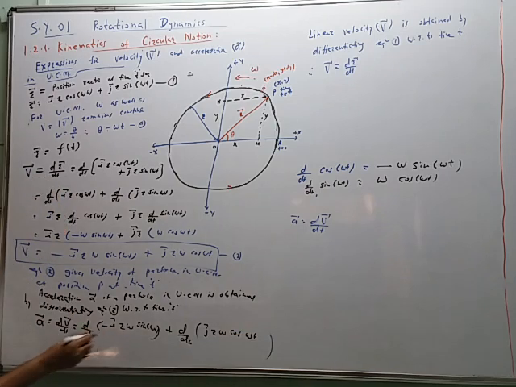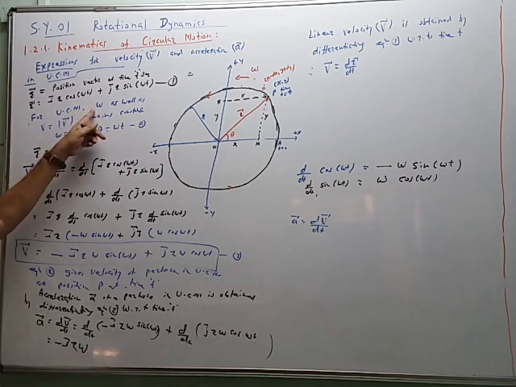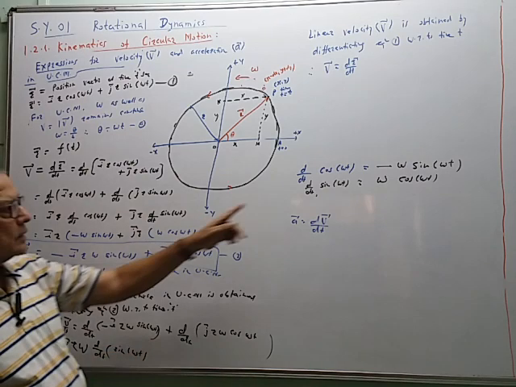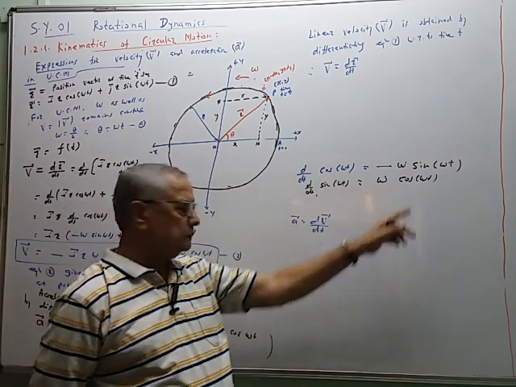Again i, r, omega are constant. So minus i unit vector independent of time t, r radius of the circle independent of time t, omega is constant because motion is UCM. So only you have to take the derivative of sin of omega t, and sin omega t चा डेरिव्हेटिव्ह आपण already काढलेला आहे.